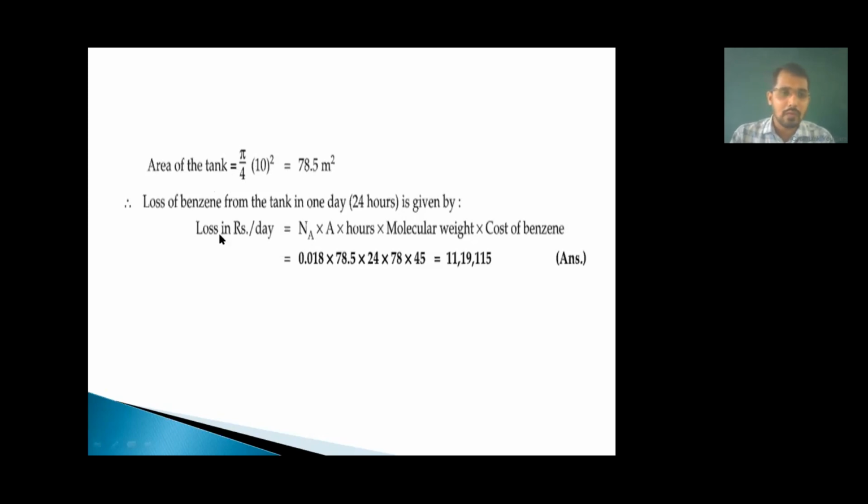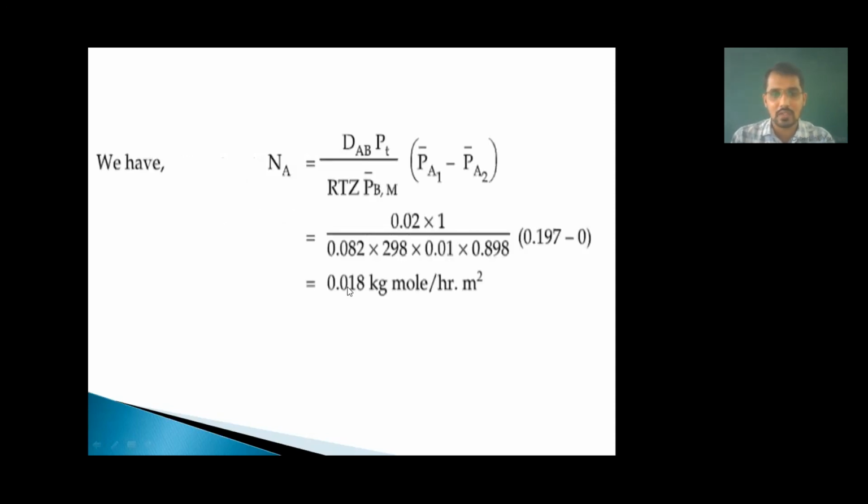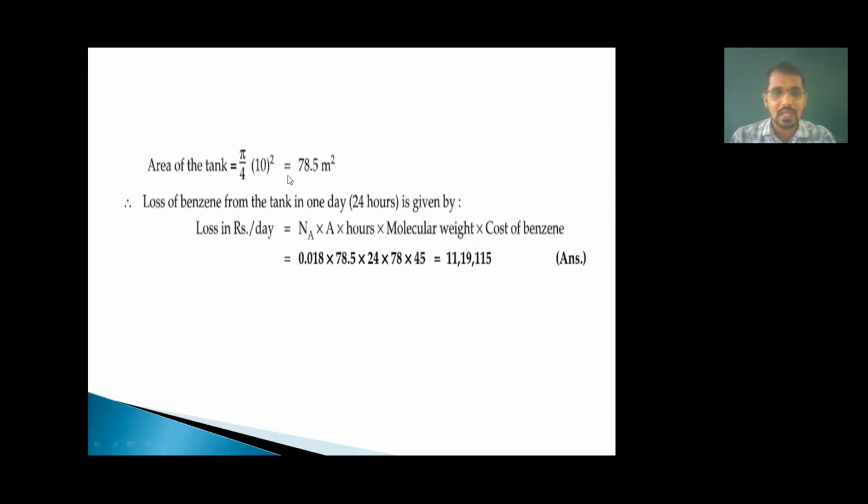Now we have to calculate in rupees per day. So the loss of benzene from the tank in 1 day, 24 hours, is given by loss in rupees per day is equal to Na into A, that is area, into hours, that is 24 hours, into molecular weight into cost of benzene. So just put here values. Na is equal to 0.018. After that, area is 78.5. After that, hours are 24 hours. 1 day means 24 hours.